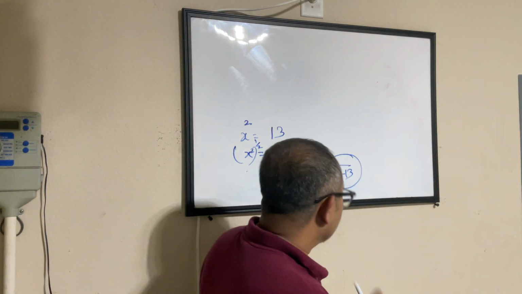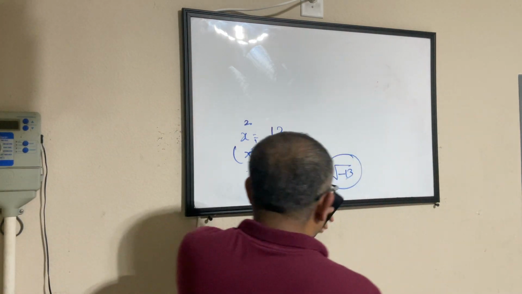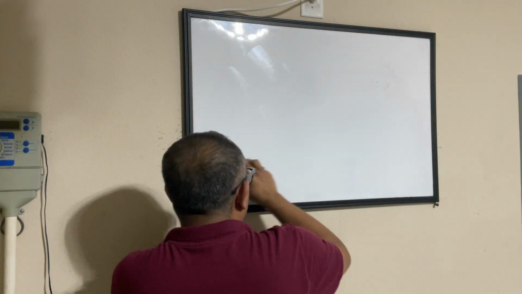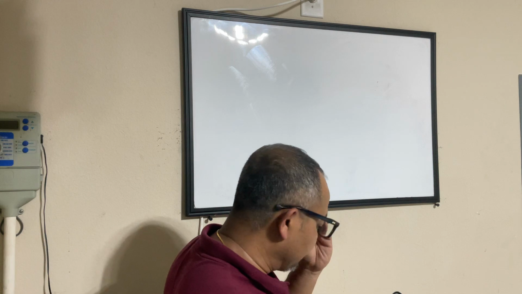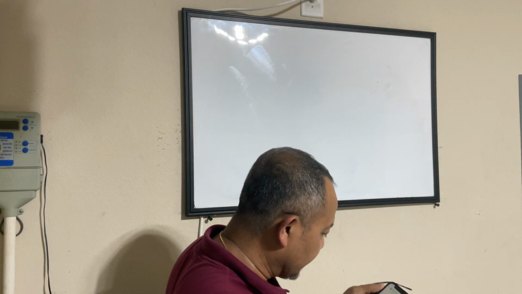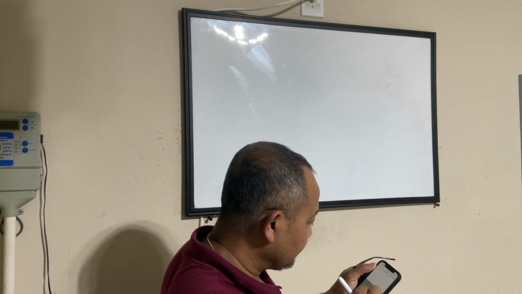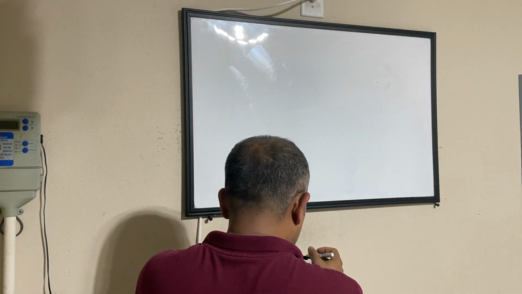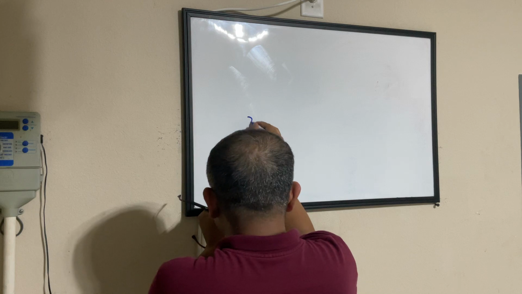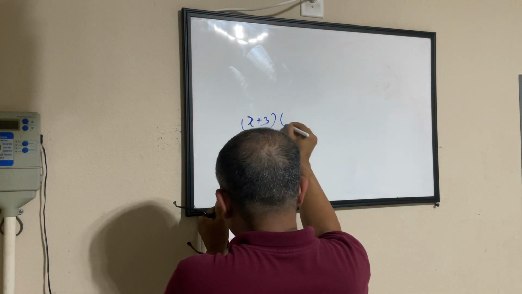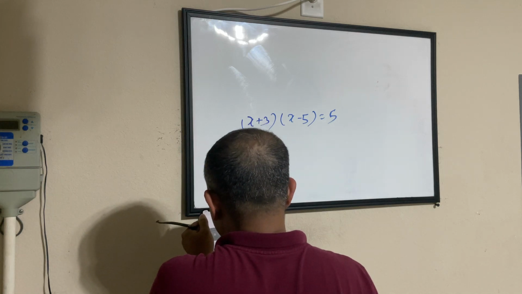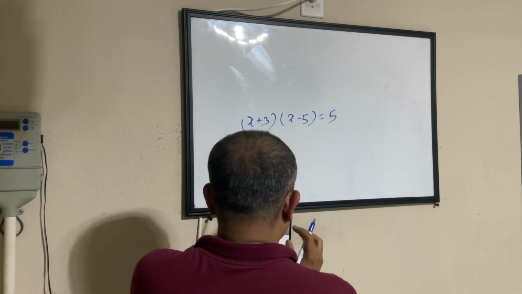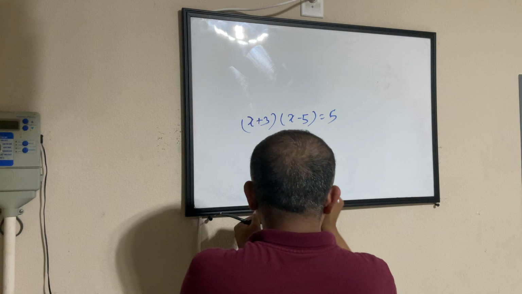Alright, so we looked at one problem and we found what all problems we could come across. Let's look at another problem. Again, we will not try solving it. I will probably rush through that real quick so that we can spend some time with the next topic that we want to pick up. The question here is (x plus 3) into (x minus 5) equal to 5. What are the solutions for the equation above?